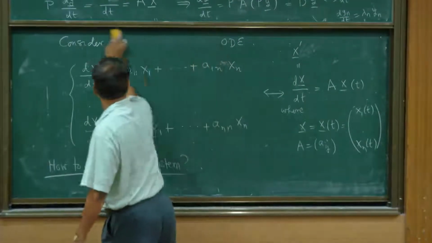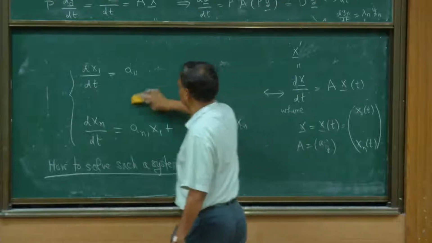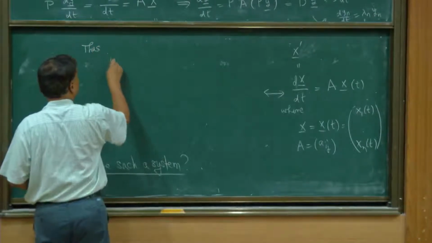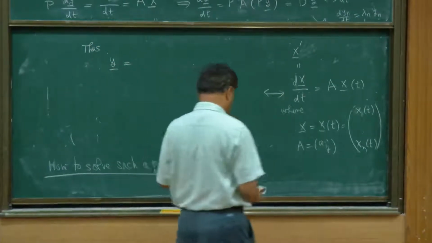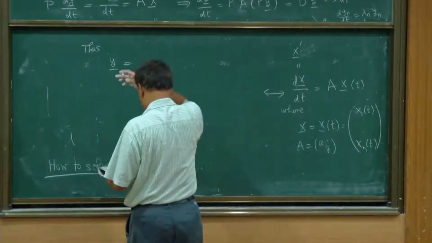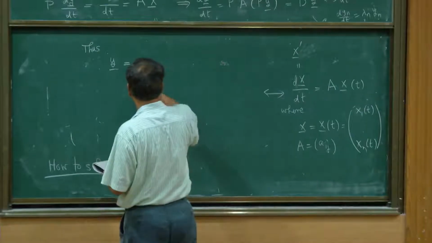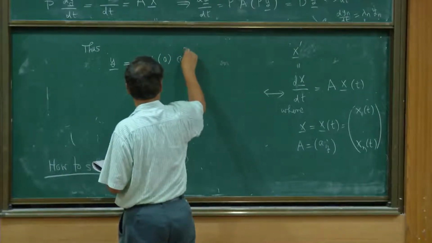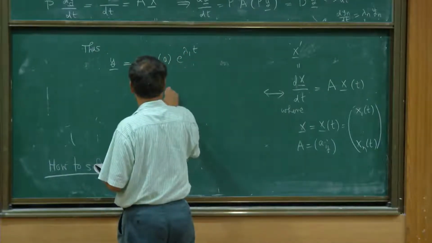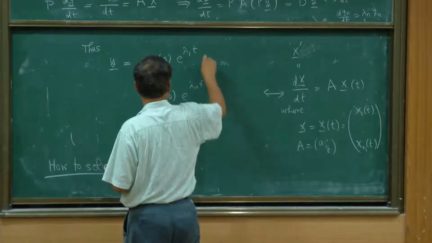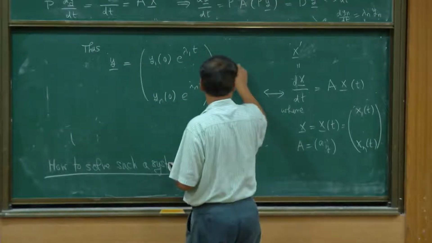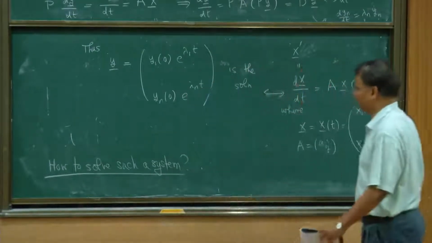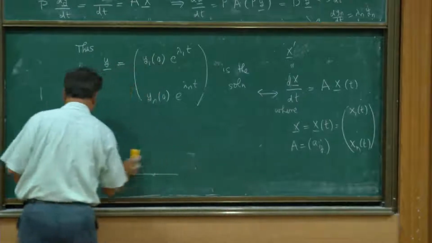So the solution by the 11th standard formula would be given by, thus, y equal to y1(0) e to the lambda 1 t, ..., yn(0) e to the lambda n t, right, is the solution, correct? So let's translate that.